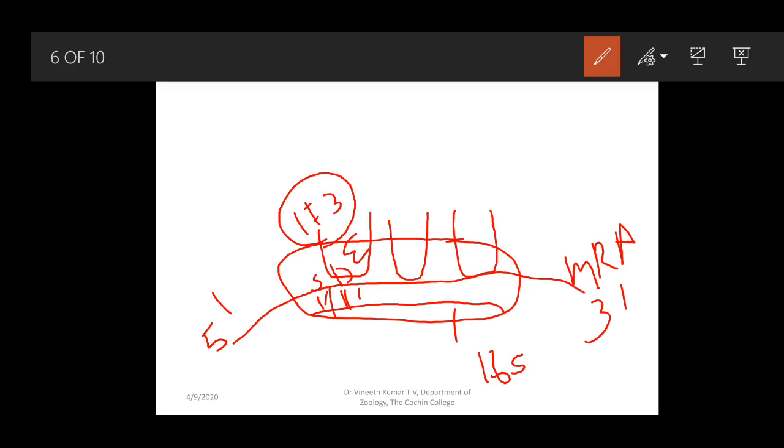Coming to the next one, which is IF2. As we said earlier, it is a GTP binding protein, and it is required for the attachment of the first tRNA. This protein is seen at the P site.